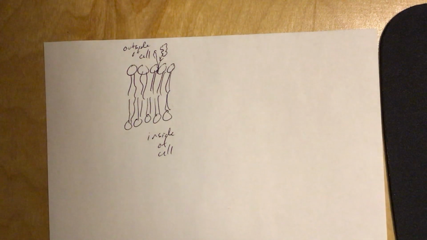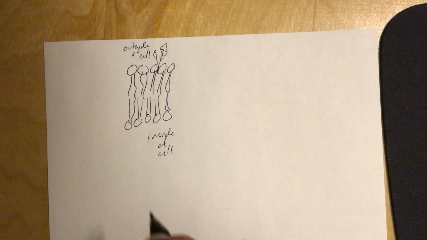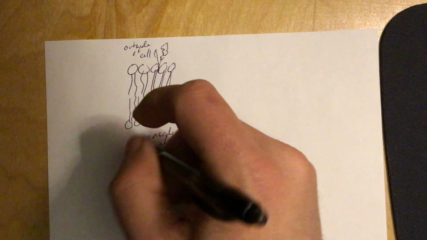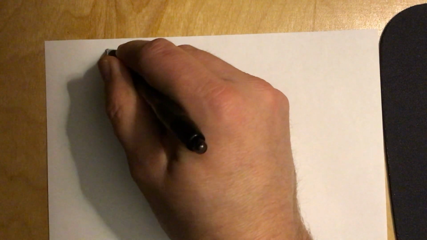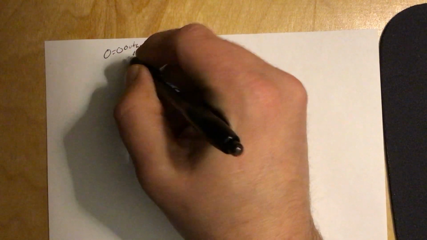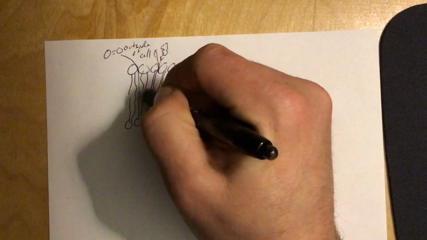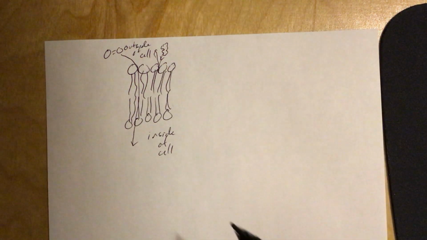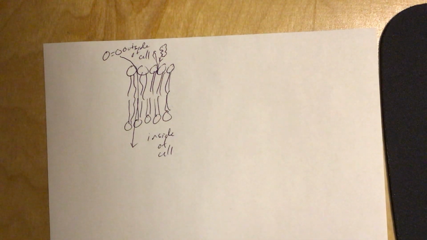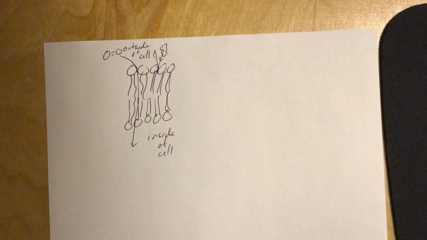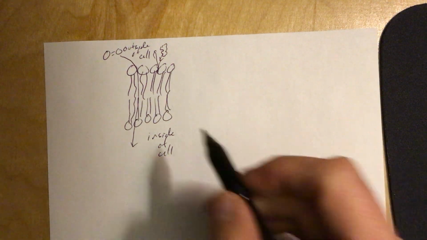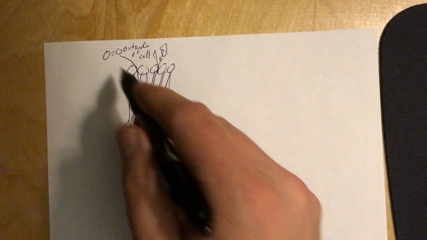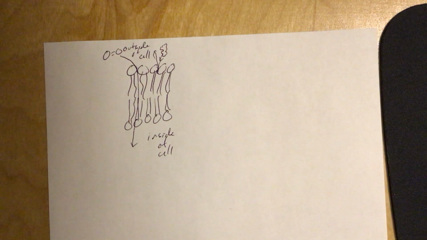But things that can get through very easily, one of them is O2. Because it's non-polar, it can cruise right through. So when you're getting oxygen, you're breathing stuff in and it's getting into your cells, it doesn't have to go through any gates in the cells. It just goes right through the membrane.